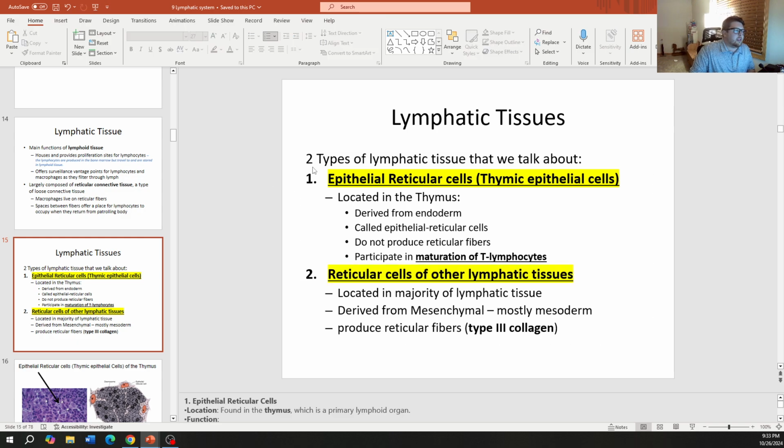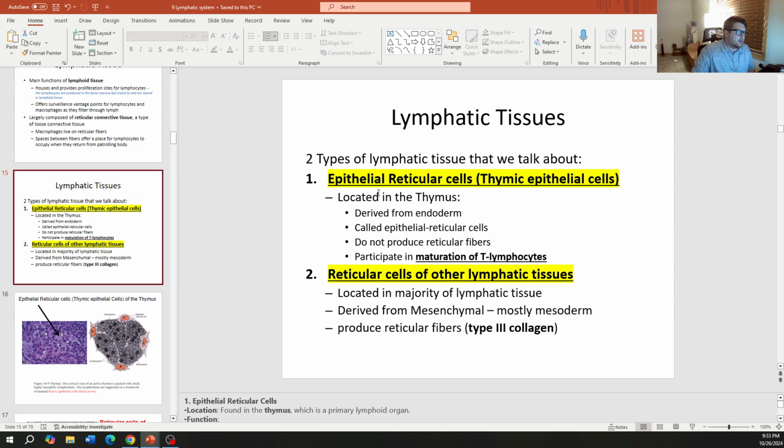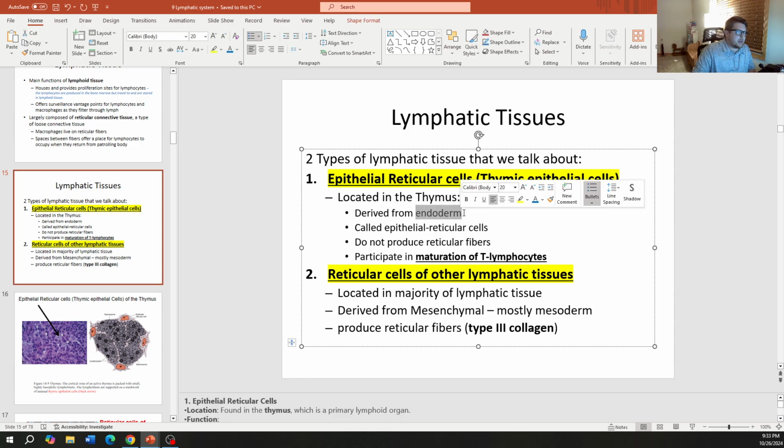Specifically in the thymus, which is what we're going to dive into next, they're epithelial reticular cells. They're derived from the endoderm, the embryological layer that they're derived from. They do not produce reticular fibers, and they participate in the maturation of T lymphocytes.